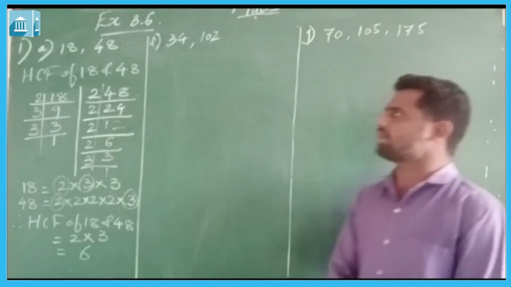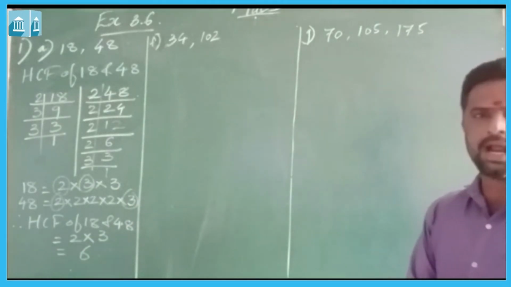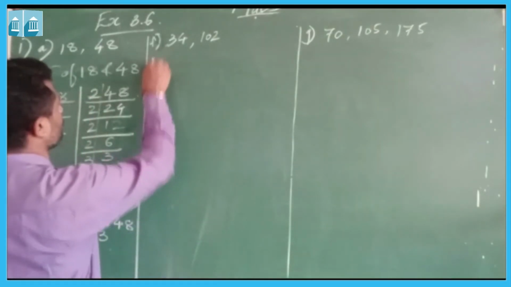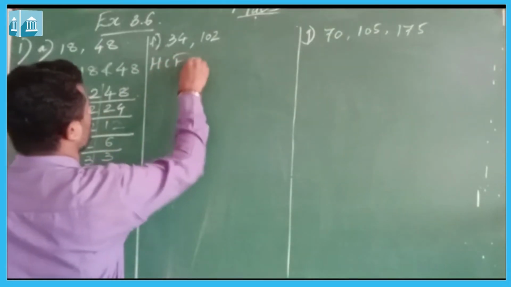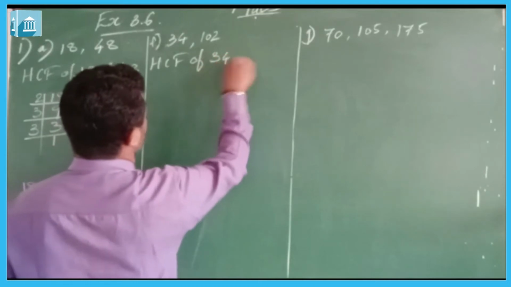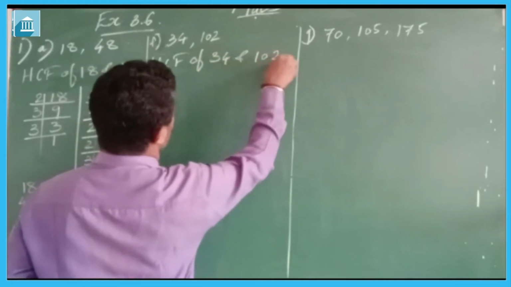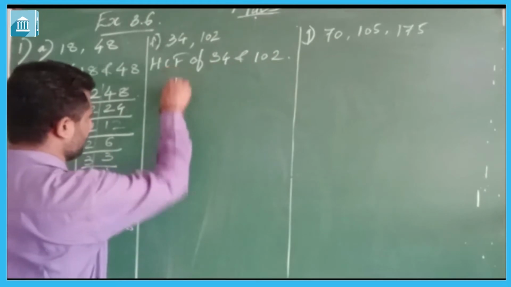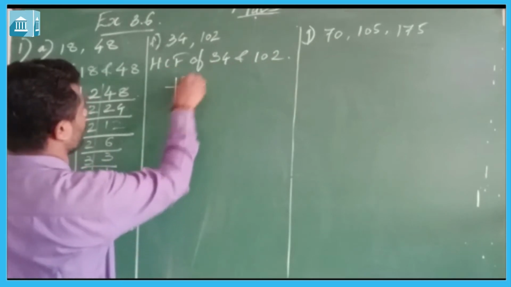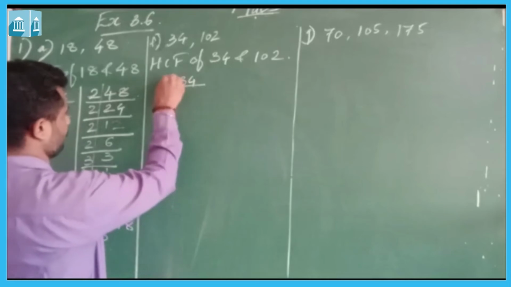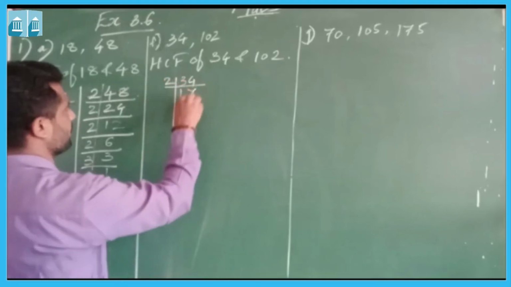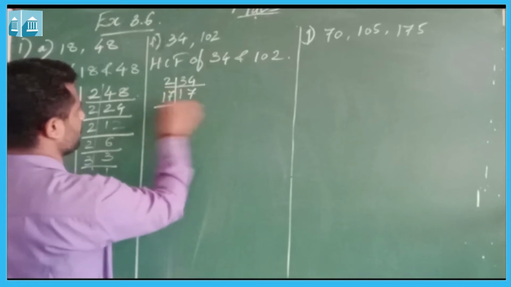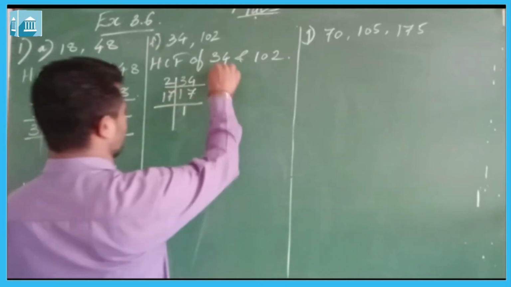The next is question number F, 34 and 102. Let us do HCF of 34 and 102. If we begin, first we will have to do the prime factorization of 34. 34 means 2 into 17. 17 is again a prime number, so 17 into 1, 17.